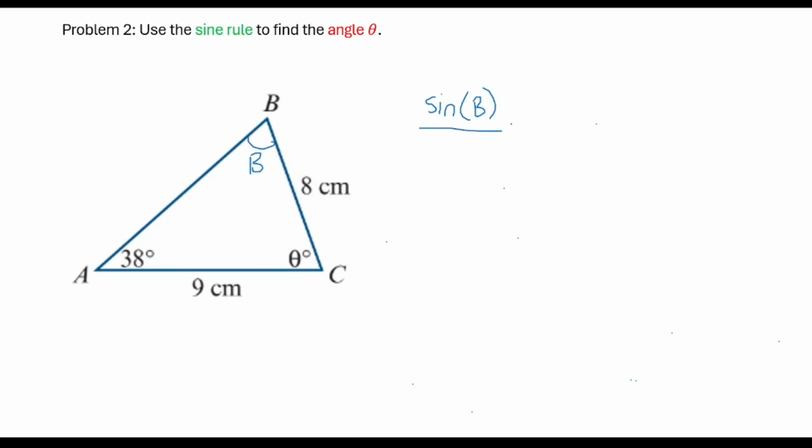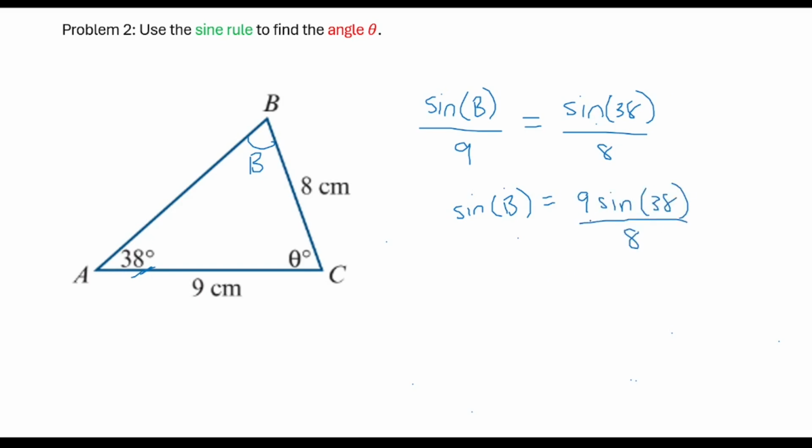I'm going to write the formula flipped now because we're trying to find the angle. Sine B over 9 equals sine of 38 over 8. So to get sine B by itself, let's multiply both sides by 9, and we're going to get sine B equals 9 times sine 38 all over 8.